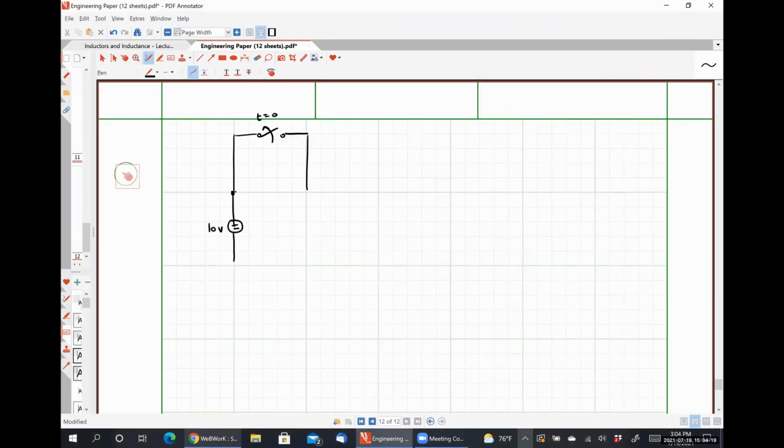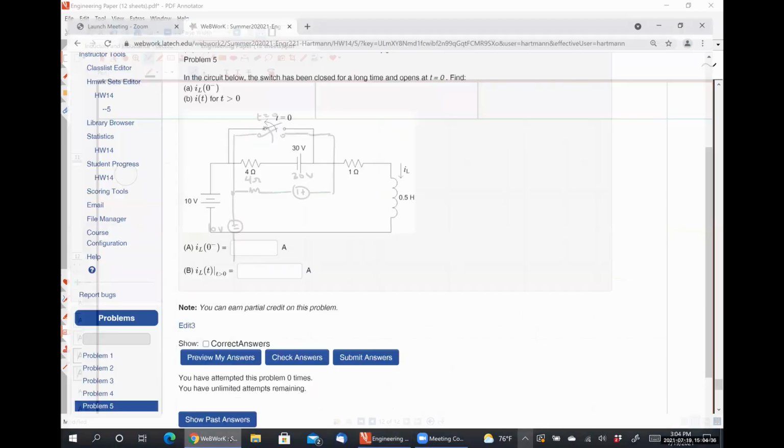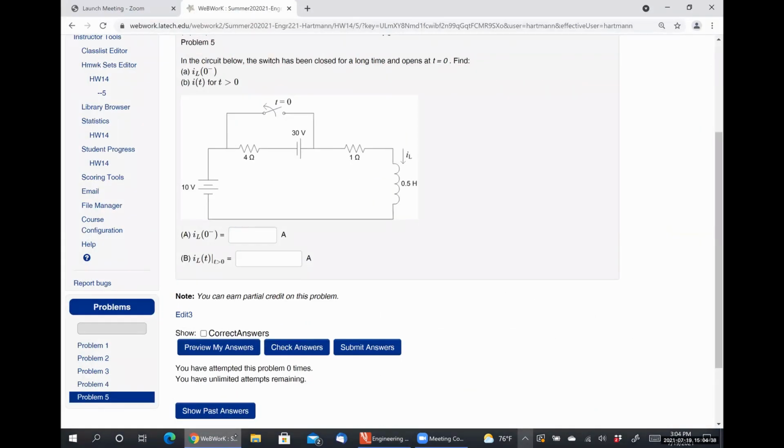We have a 4 ohm resistor, actually. Then we have a voltage source, minus plus, 30 volts, like so, I believe. Yeah, negative polarity on the left, positive polarity on the right.